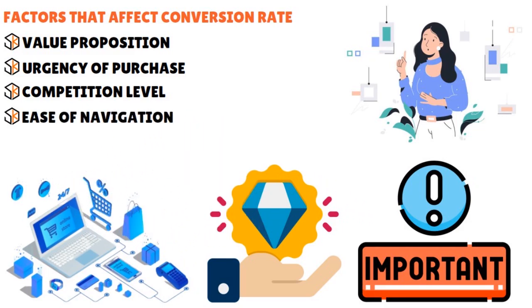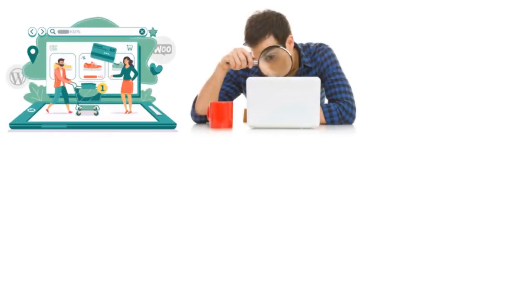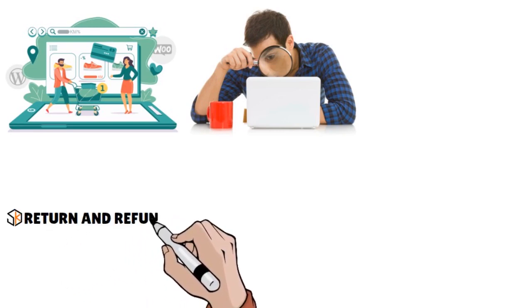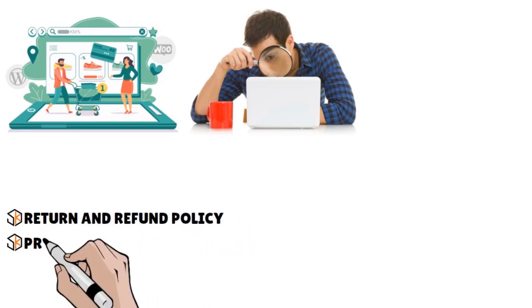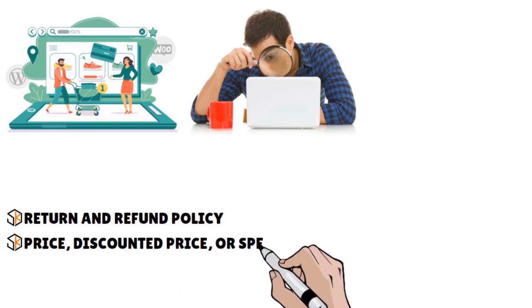Remember that customers pay attention to your product pages. They're looking for something when they go to those pages. If that thing is absent or very difficult to find, they will leave very quickly. That thing can be a return or refund policy. It can be a price, a discounted price, or a special offer.